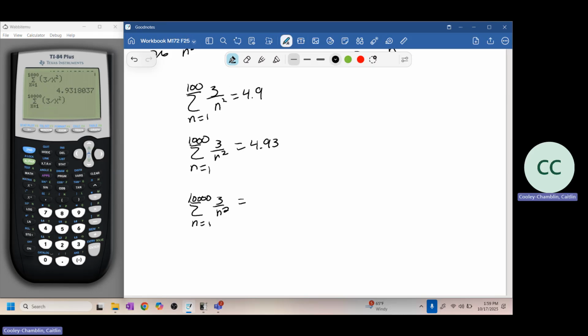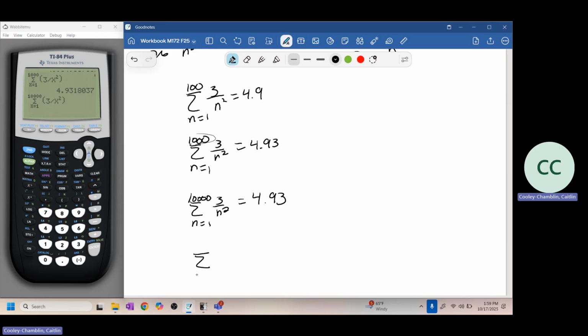Okay, I'm going to go ahead and give it away while my calculator's thinking. This is 4.93. So what is happening is as this top number is getting closer and closer to infinity, our summation is getting closer and closer to 4.93.